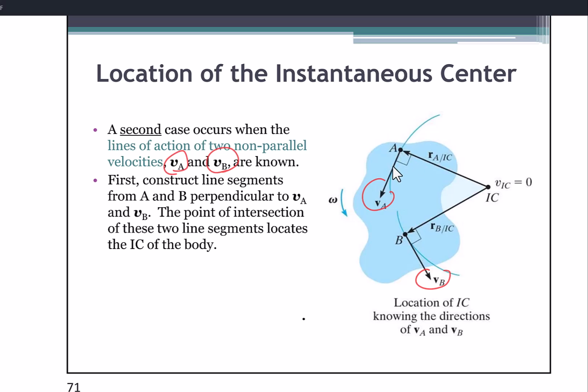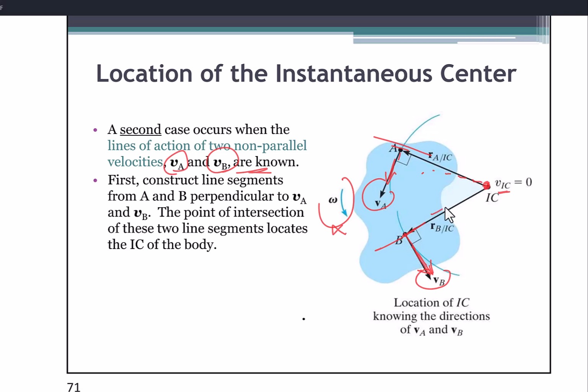Another time you know two velocities on the body without knowing the angular velocity. This is not known. So you construct a line between this instantaneous center of zero velocity that crosses this and crosses this, and their intersection is where the IC is, as this is perpendicular to the velocity and this is perpendicular to the velocity.